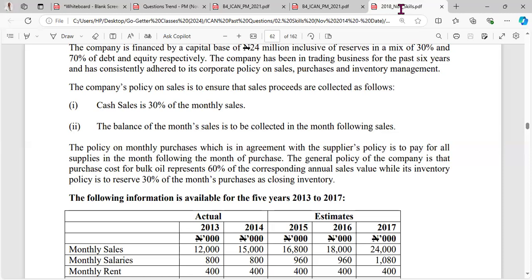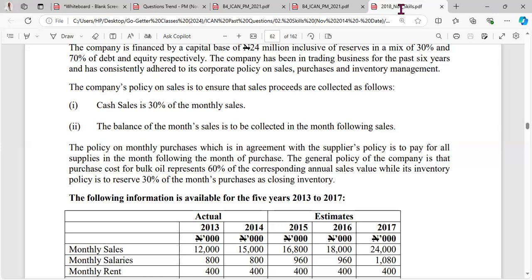Now for February sales, you collect cash, then you are having January 70% collected in February. Meanwhile, February 70% is collected in March. The same thing up till October, November.